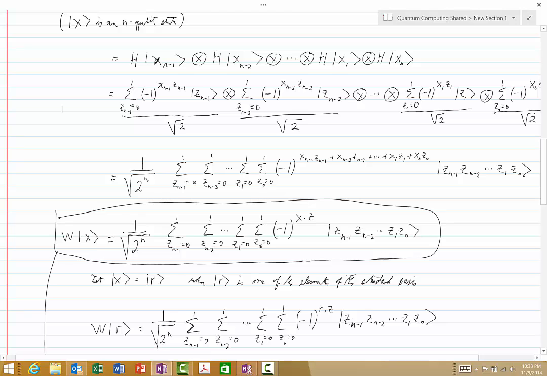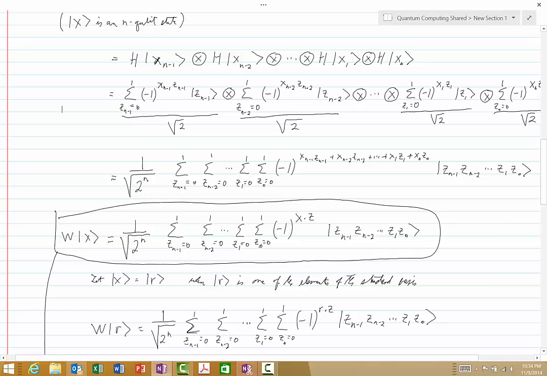So let's use that result in what we're doing now in lecture 33, but I'm going to shorten the notation a little bit. Notice that all of these summations, we're letting each one of the qubits in z assume all the possible values.